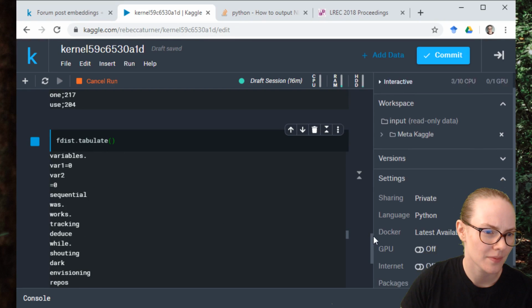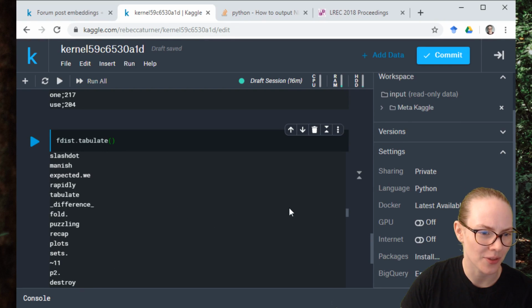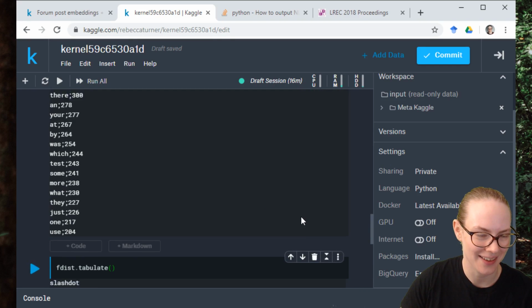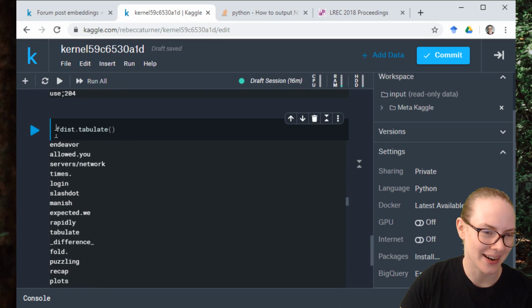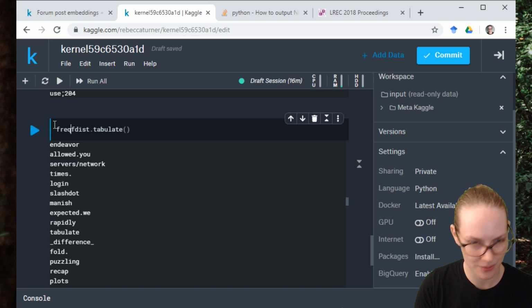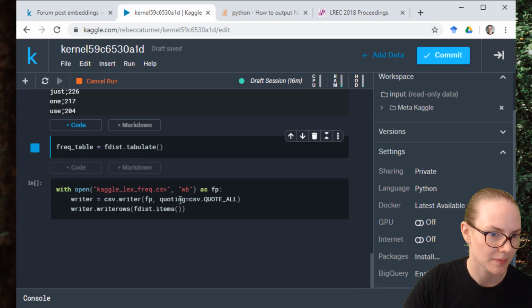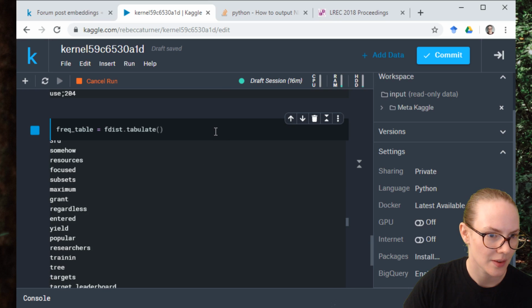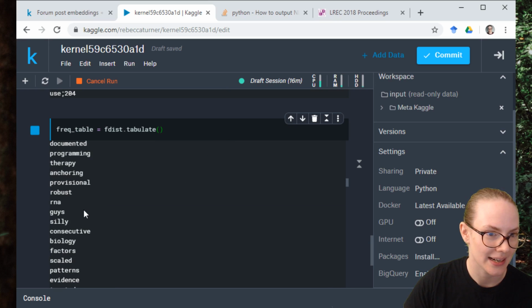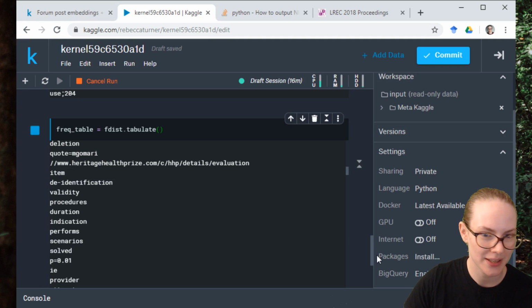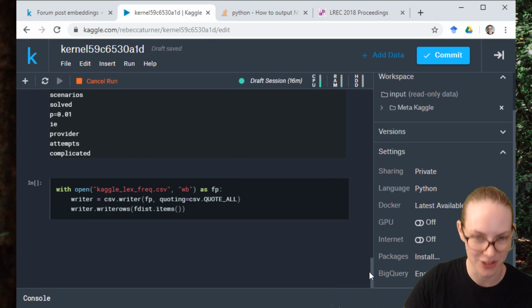All right. I don't know how helpful this is, actually, to have this as a table. All right, let's call this frequency table. Oh, I see. It just prints it out. Okay, so the function is just a printing out function, not helpful.